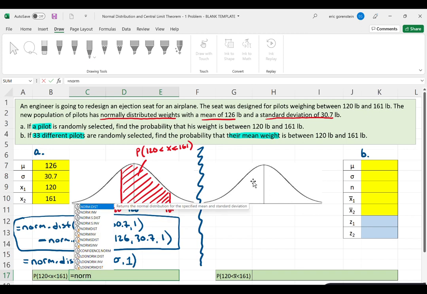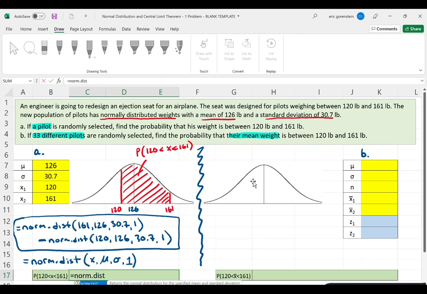So let me just type that in. Norm.dist. So our larger x value is 161. Mean, standard deviation, comma 1. And then from this, I will subtract the area to the left of 120.